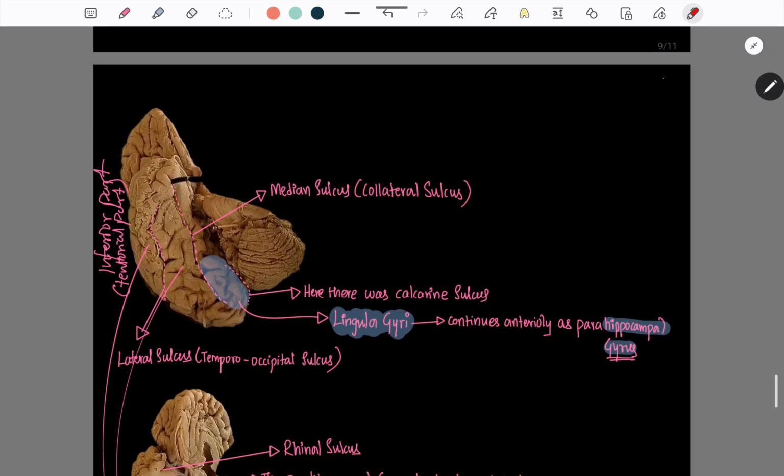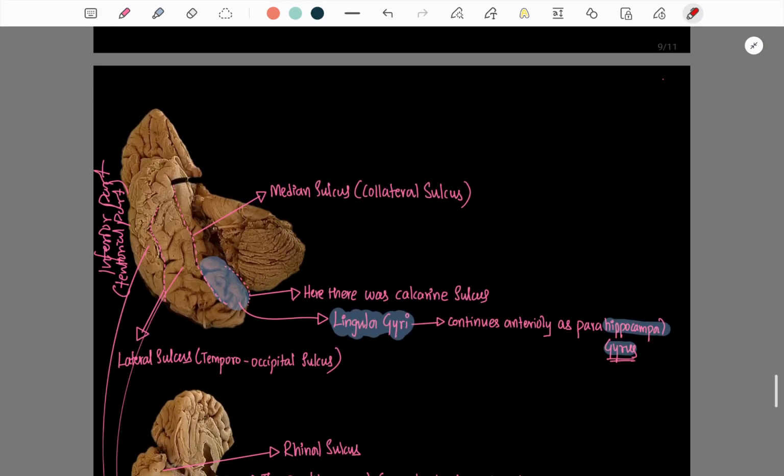Coming to the tentorial part, you can see a sulcus coming straight called the median sulcus, also called the collateral sulcus, and here another sulcus called the lateral sulcus or temporo-occipital sulcus.